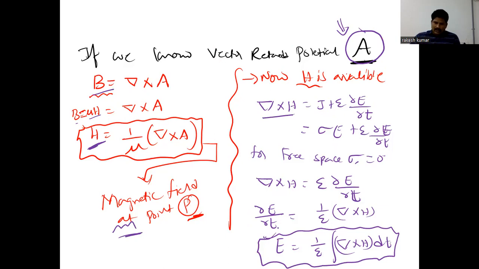From this, dou E by dou t is equal to 1 by epsilon into del cross H. Therefore, E is equal to 1 by epsilon into integration of del cross H dt. So this is the procedure you want to keep in mind for calculating electric field and magnetic field at any point P if you know the retarded potentials.